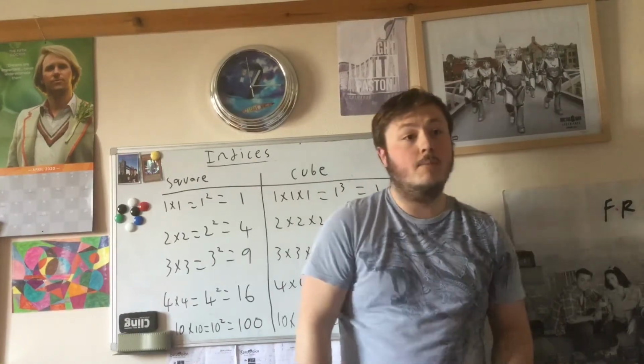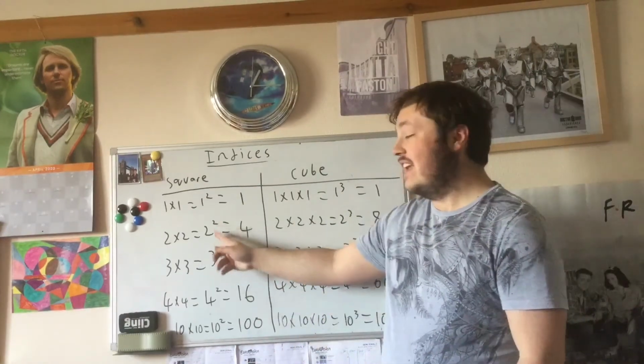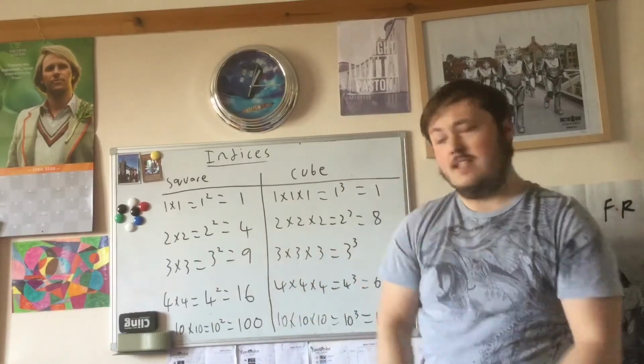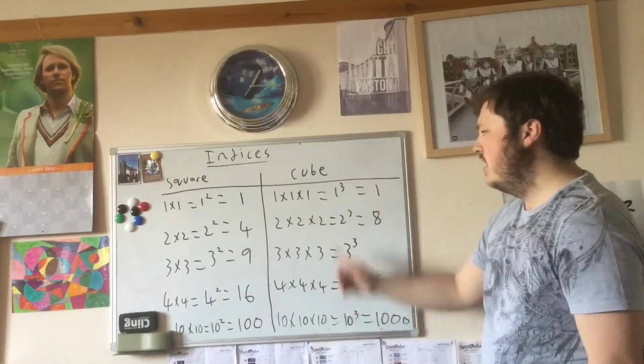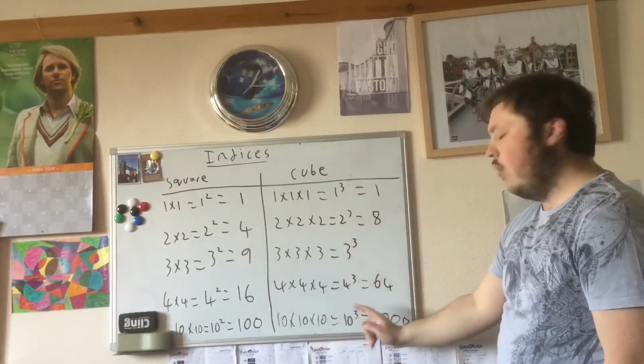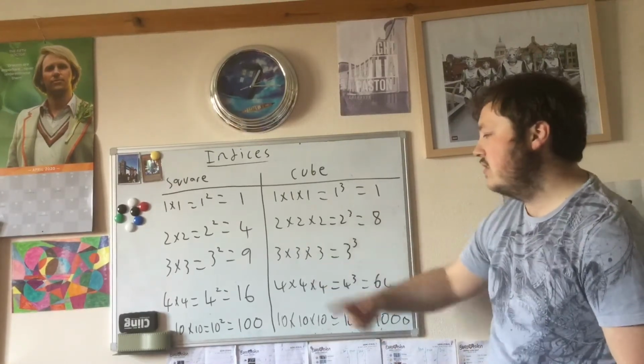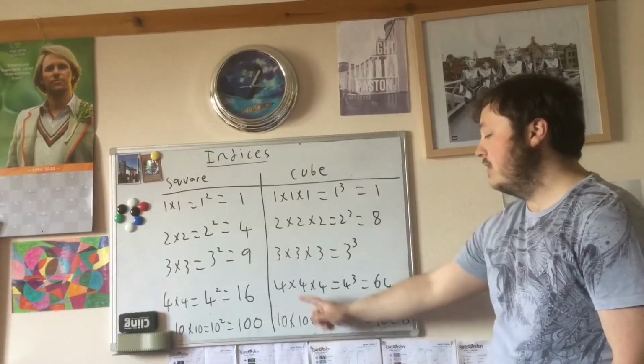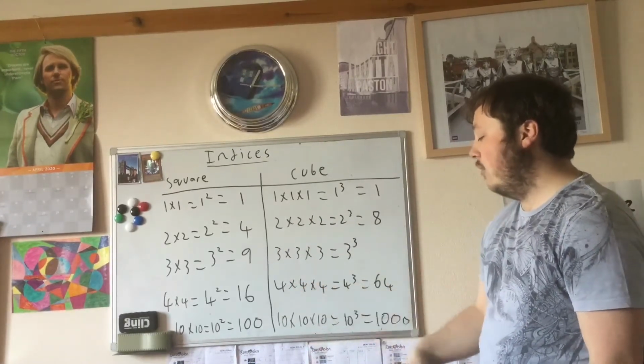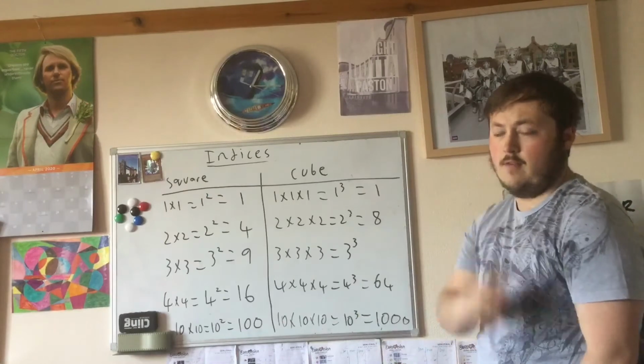So square numbers are when the indice is 2. It's always going to be 2. Cube numbers is when the indice is always 3. So 8 is when you times 2 by 2 by 2. 64 is when you times 4 by 4 by 4, or 4 to the power of 3.